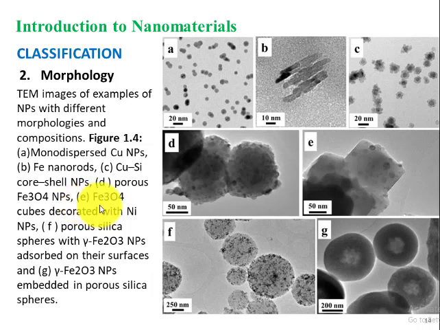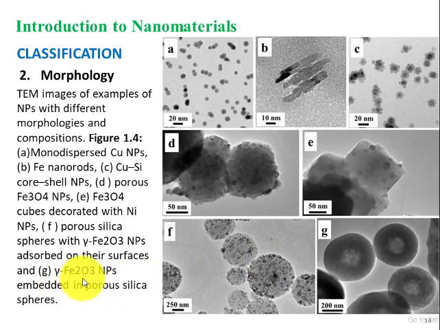Figure E is representing iron oxide cubes decorated with nickel nanoparticles. Figure F is representing porous silica spheres with alpha iron oxide nanoparticles which are embedded in pores of silicon oxide.